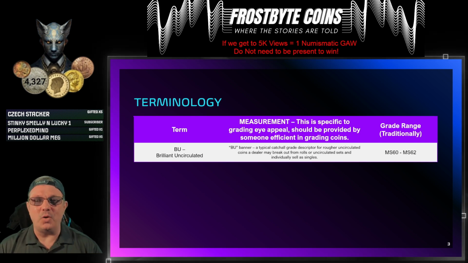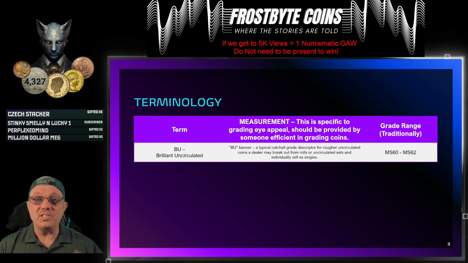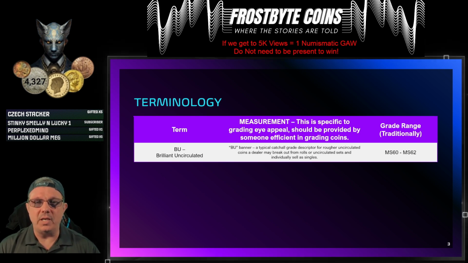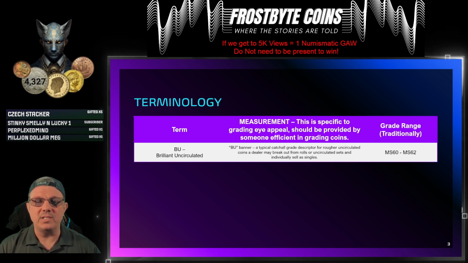Now you understand why I said the potential value of the one on the left was much greater than the BU coin on the right. Because that was a guaranteed MS63. And if they're classifying this as BU, then most likely they see something with this coin and that coin isn't going to reach that MS63.